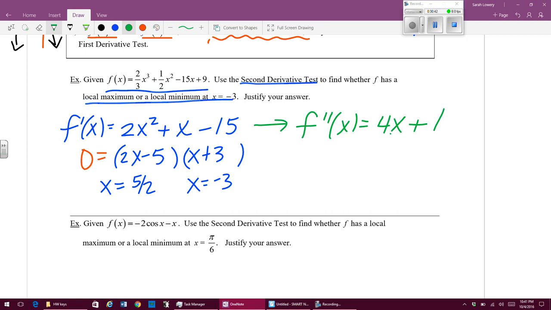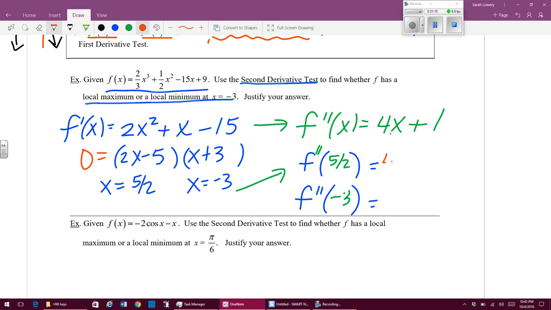And what I want to do is take these two function values and we're going to plug them in. I want to know what f double prime of 5/2 is. And I want to know what f double prime of negative 3 is. So we're going to plug these points into our second derivative. By plugging them into our second derivative, it tells us if I have a concave up or concave down function.